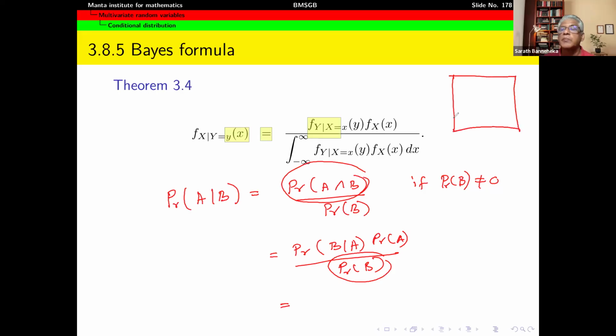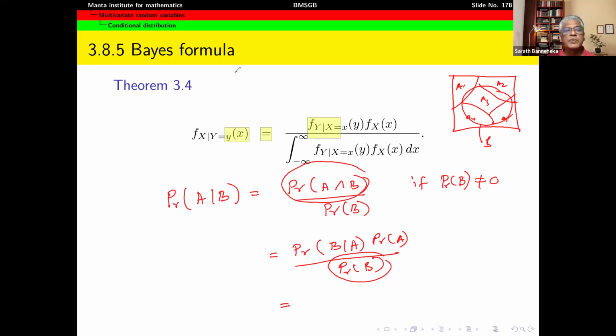In order to discuss Bayes theorem and also the total probability law, usually we have to have a situation like this. Suppose you have several events A1, A2, A3, A4, A5, and so on, which are mutually exclusive and exhaustive. And suppose you have another event B, right?